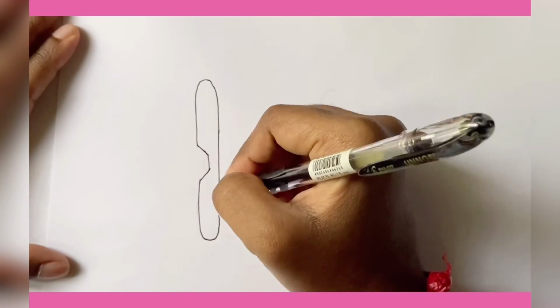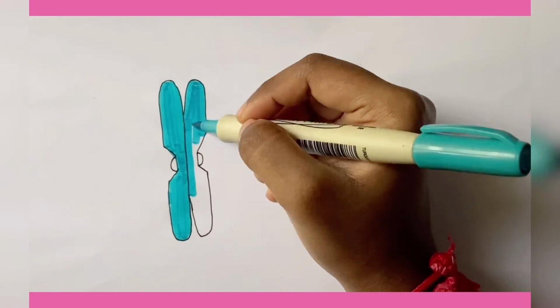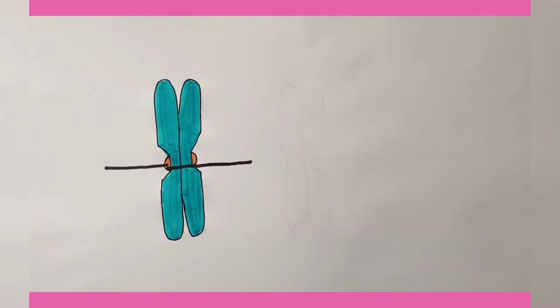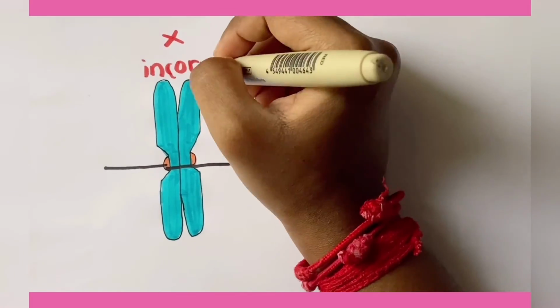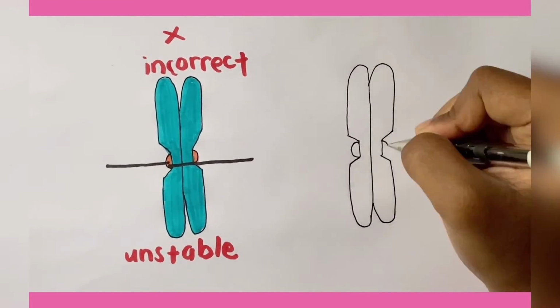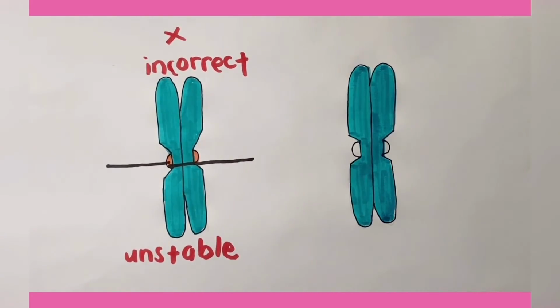Kinetochores allow kinetochore microtubules to attach correctly to sister chromatids. If there is incorrect microtubule attachment, such as microtubules from opposite spindle poles attached to the same sister chromatid, the attachment is unstable, and the other way around, the attachment is stable.